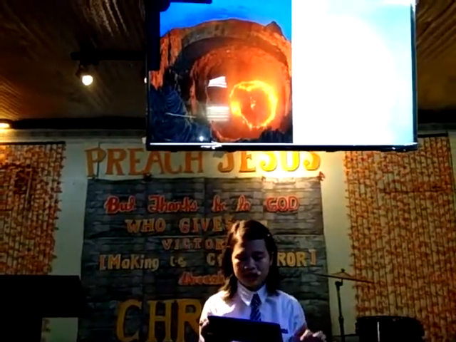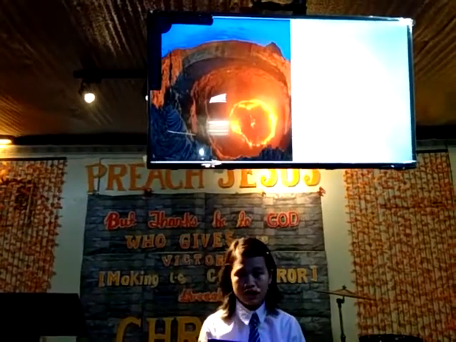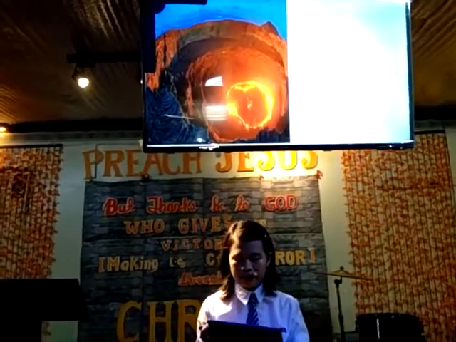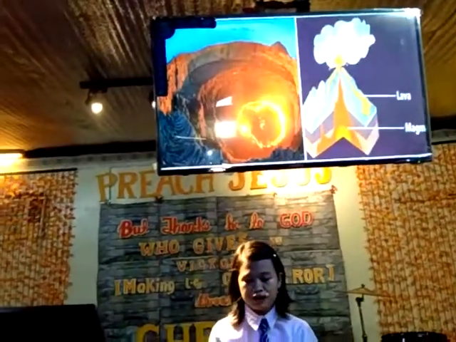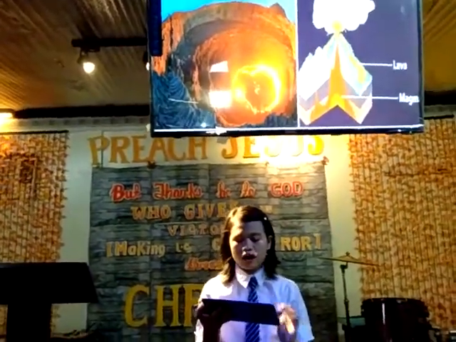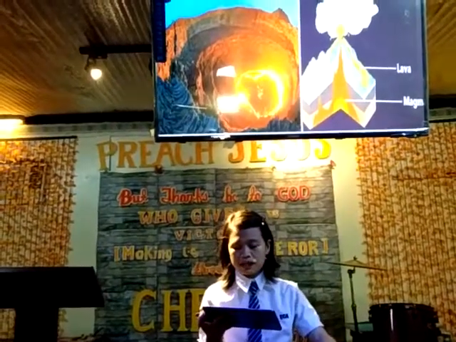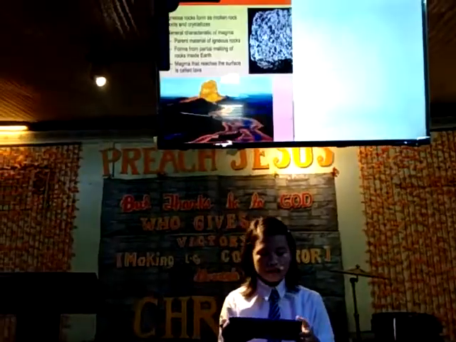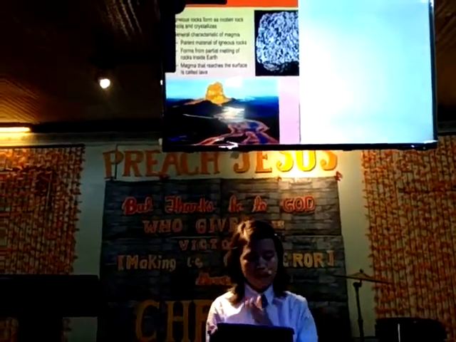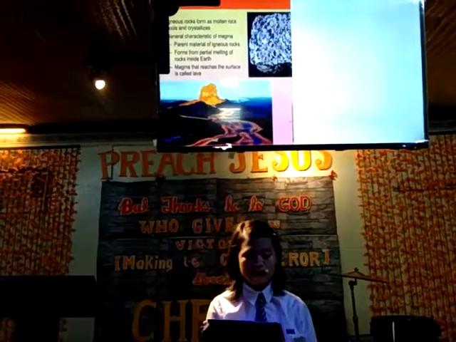This picture shows the igneous rocks beneath the Earth's crust, where the lava and the magma came. So the magma is under the Earth's crust, and the one that exploded, that touched the seabed, is called lava. Don't forget that. The igneous rocks form as molten rock cools and crystallizes.